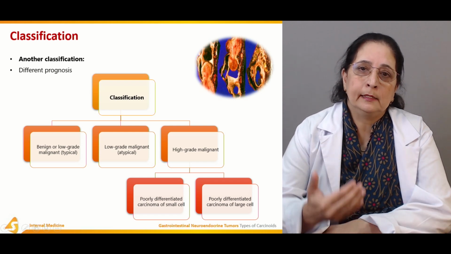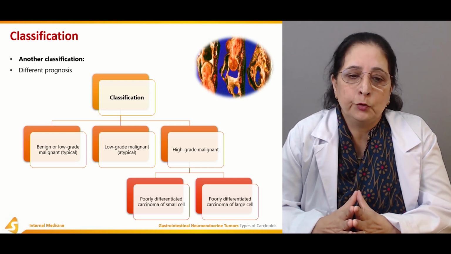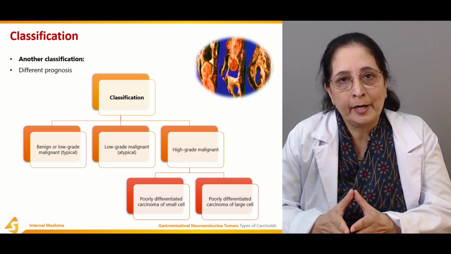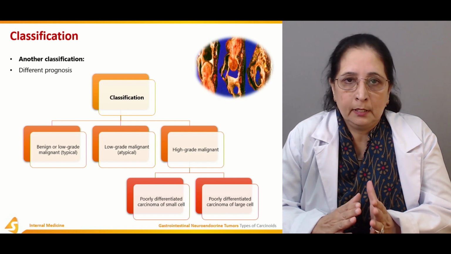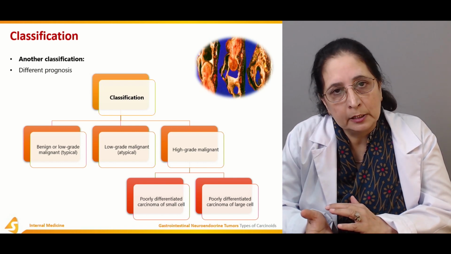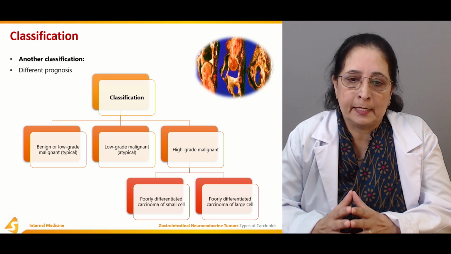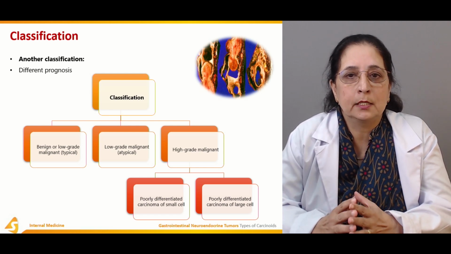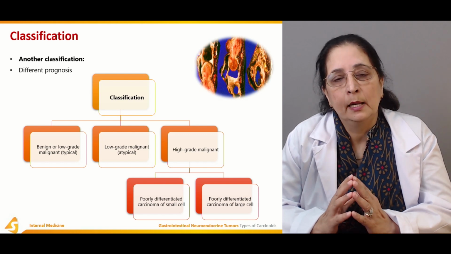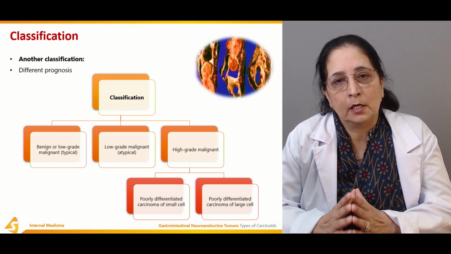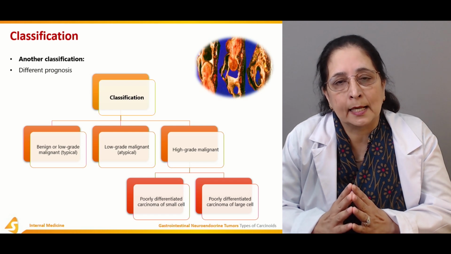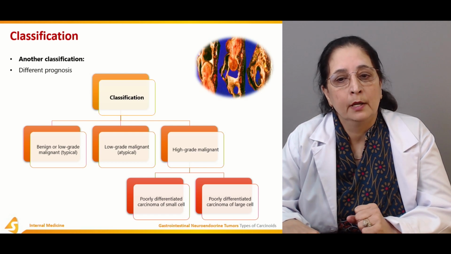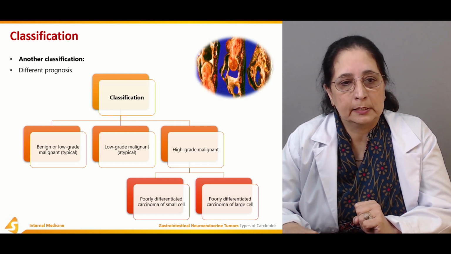So this is another classification that can be used, which tells us whether the tumor is low grade typical, or low grade atypical, or whether it's high grade. High grade can be further poorly differentiated carcinoma of small cell, or poorly differentiated carcinoma of the large cell. So this is another method of classification of neuroendocrine tumors.